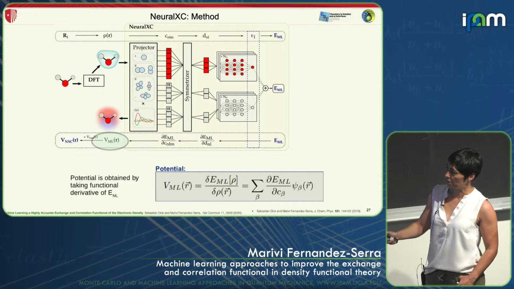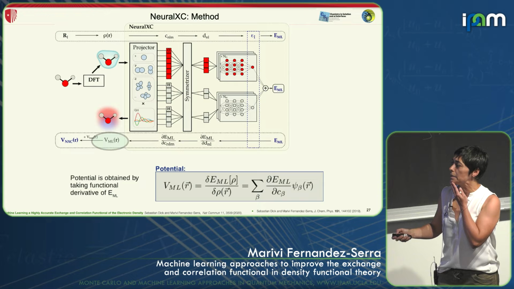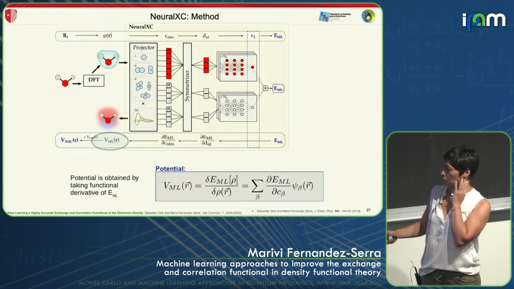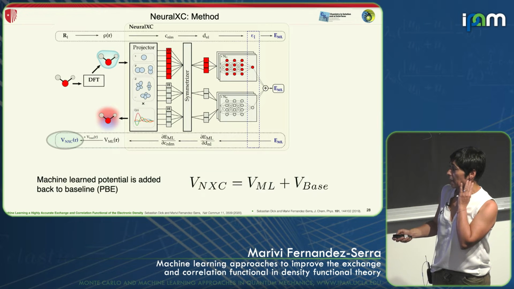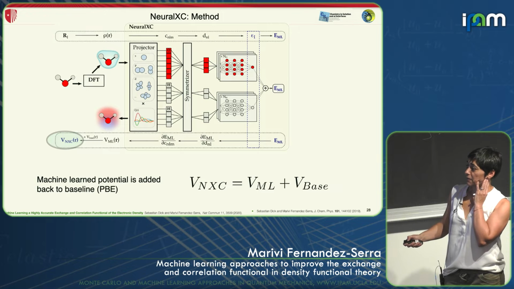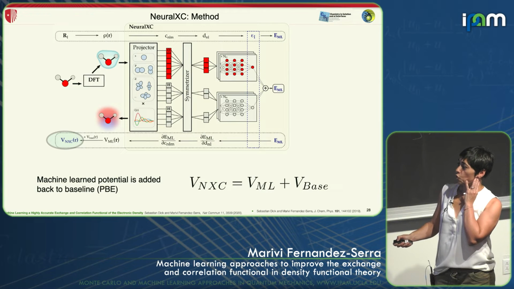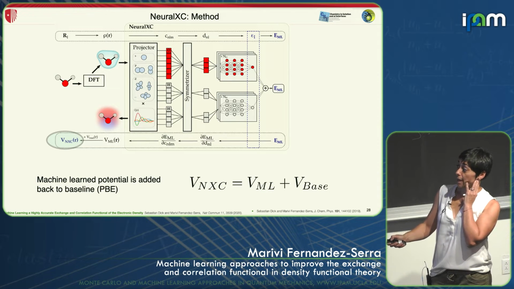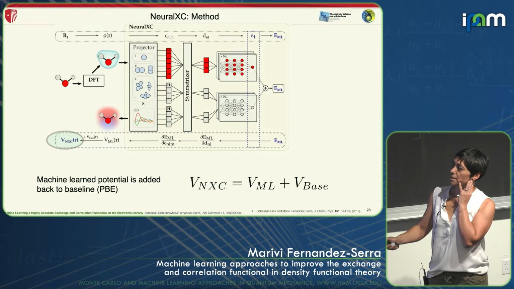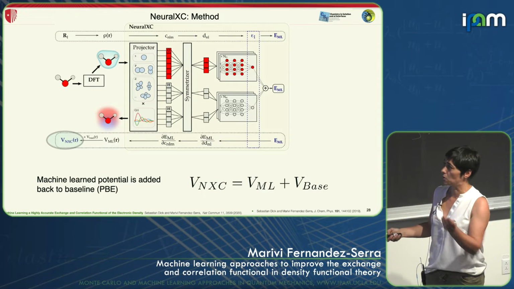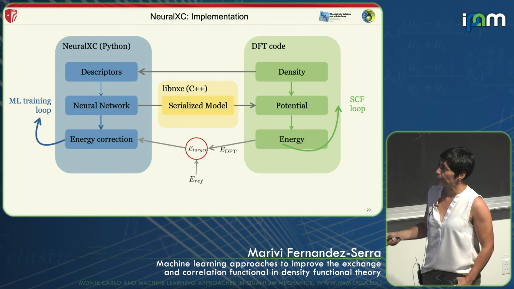These orbitals here are not the underlying DFT orbitals; these are the projection orbitals. Once you have that, you add the final machine learning potential to the baseline to obtain the neural XC potential. So it's basically the machine learning derivatives times the coefficients times the base potential. And now you can do self-consistent calculations.